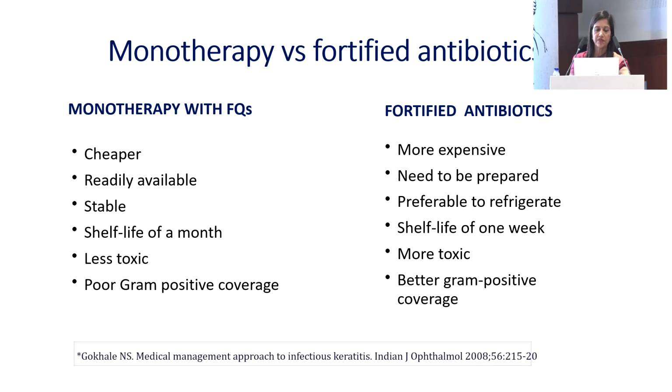Monotherapy versus fortified antibiotic therapy: if you are not able to form fortified, or if the ulcer is very small, then you can give monotherapy. The advantages are that it is cheaper, readily available, stable, and less toxic. But if the ulcer is larger, then you have to give fortified.